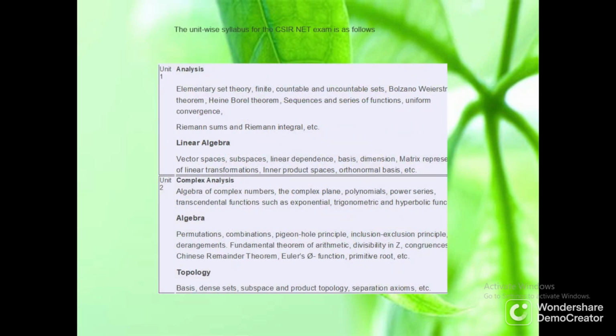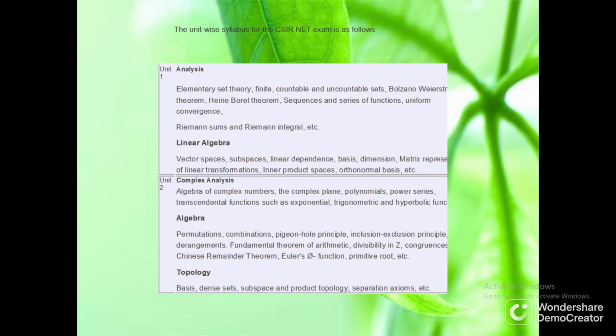Now I discuss the broad syllabus in detail. Unit 1 is analysis, mainly real analysis: elementary set theory, finite, countable and uncountable sets, Bolzano-Weierstrass theorem, Heine-Borel theorem, sequences, series of functions, uniform convergence, Riemann sum, Riemann integral. This section is at BSc level.